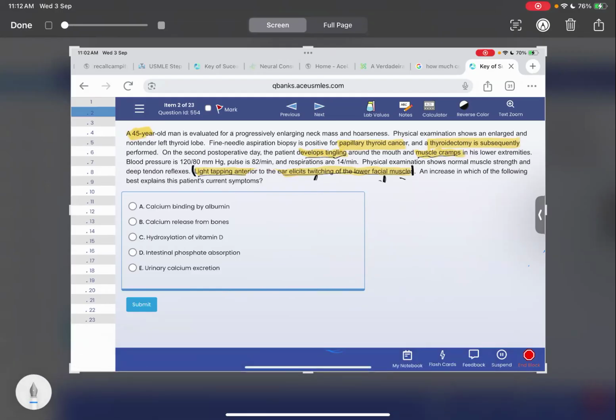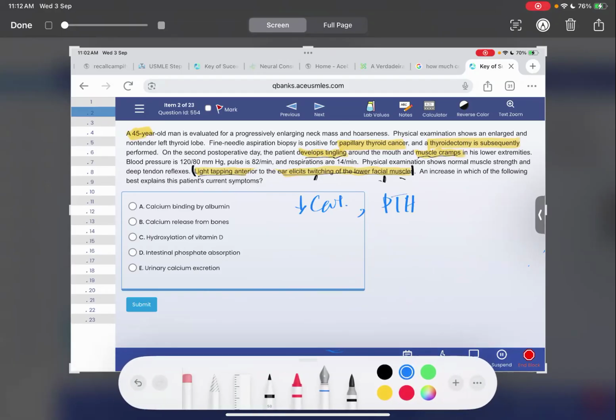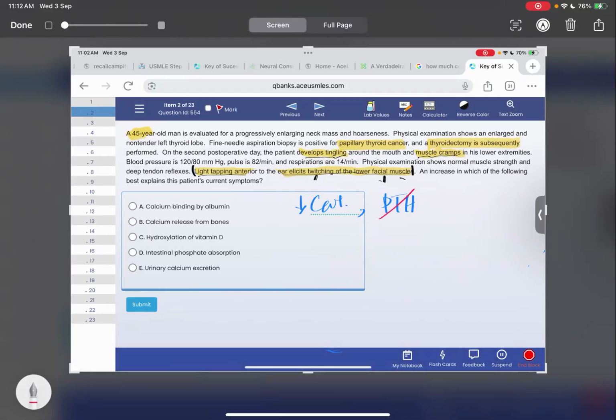So what do you think now? Why is calcium decreased? We don't have parathyroid because of surgery. So what will happen? Calcium will be decreased. So calcium is decreasing, but how? According to the options, we are going to explain the options.